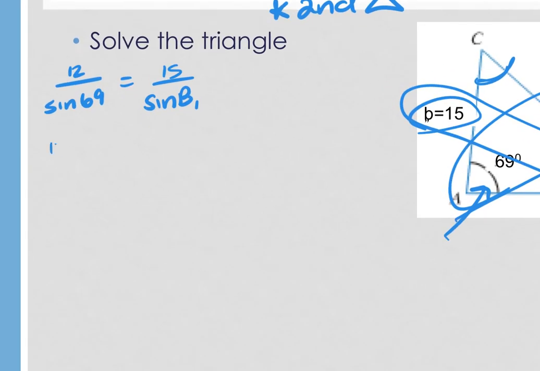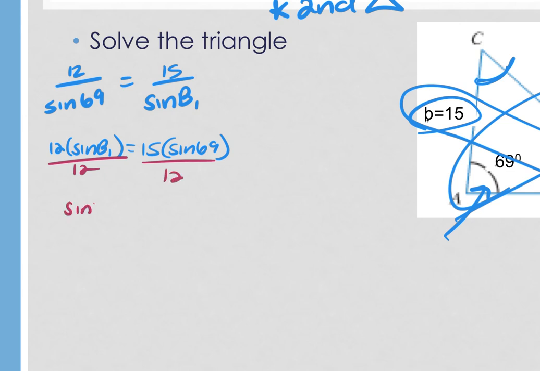Then we cross multiply. 12 sine of B1 equals 15 sine of 69, and then divide both sides by 12. And I get sine of B1 equals that whole thing, 15 sine 69 divided by 12.